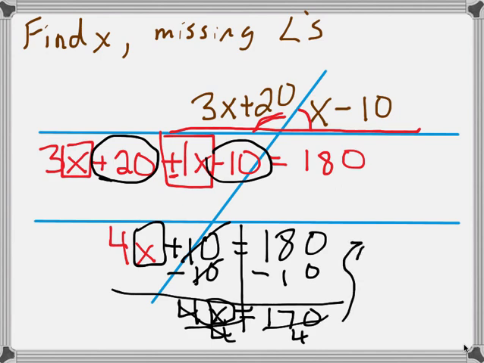I got 170 divided by 4. Let me punch it in on calculators to be sure I'm right. So you got 42.5. Well, that equals x. So I found x. Now, with these two angles here, they're going to be different sizes because they're not congruent. They are supplementary. Now, I'm going to find 3x plus 20 first.